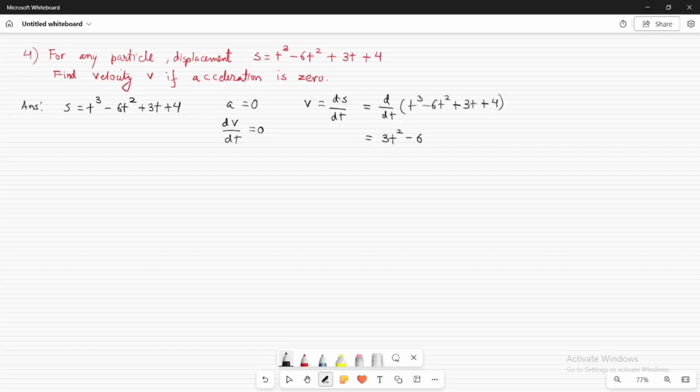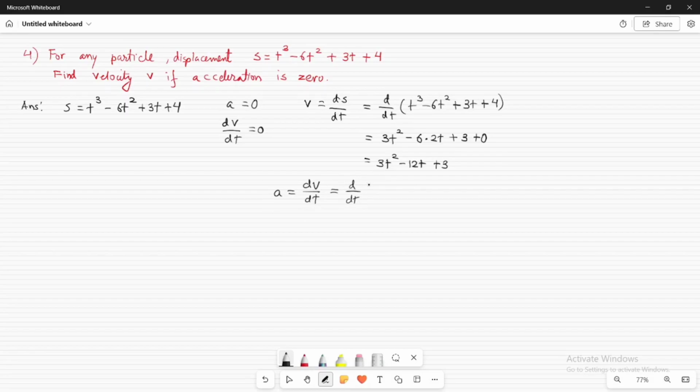So that becomes 3t squared minus 6 into 2t plus 3 plus 0. That is 3t squared minus 12t plus 3.